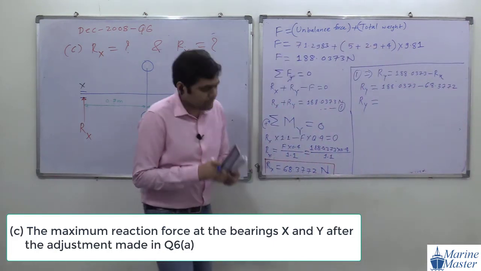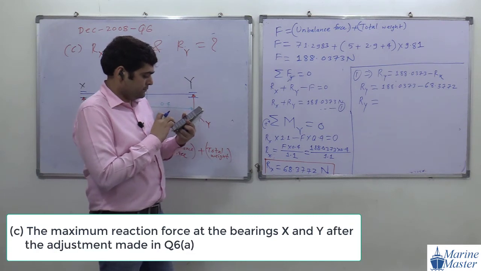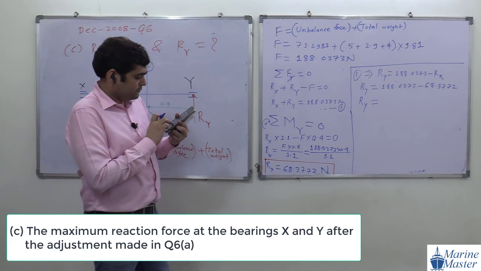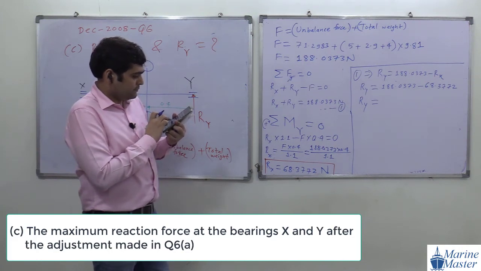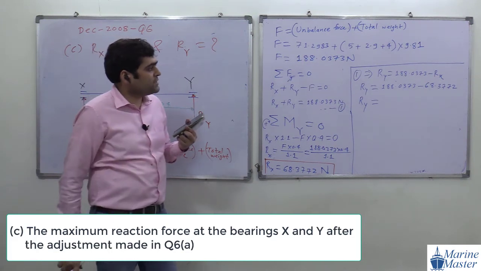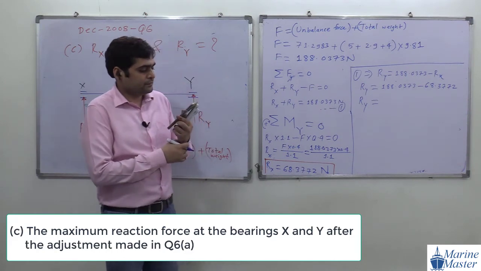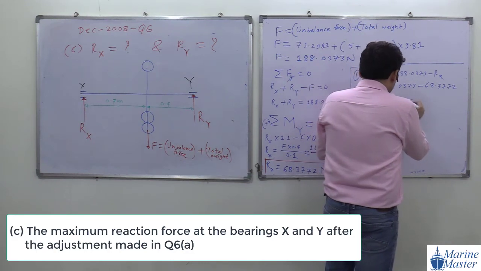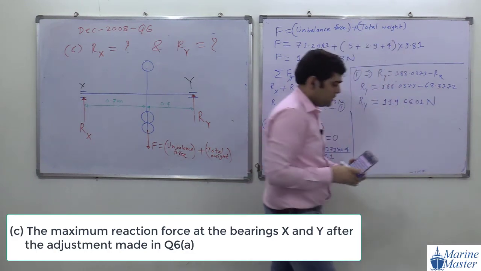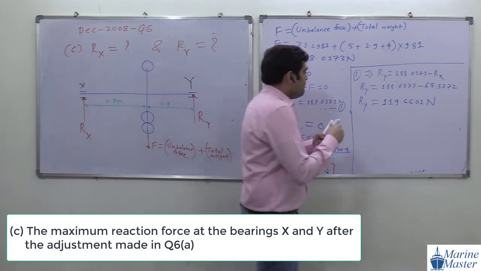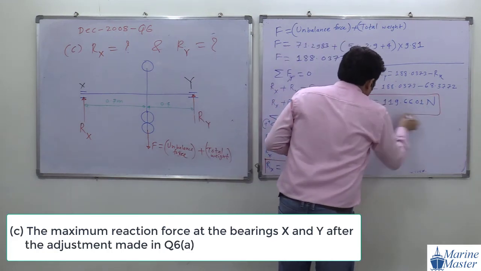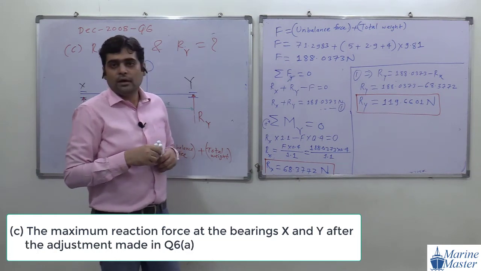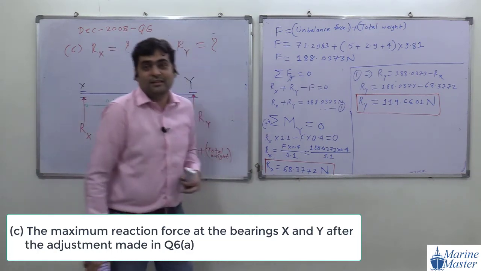Please do the calculation. How much, guys? 119.6601 Newton. Okay, so in this way we got the maximum values of Rx and Ry. Any doubt in this discussion, guys? Simple scenario, simple question.